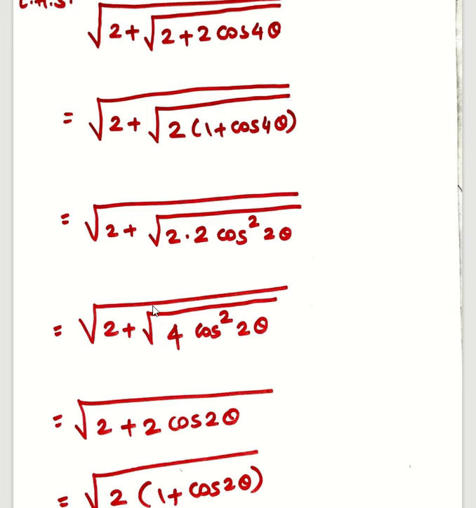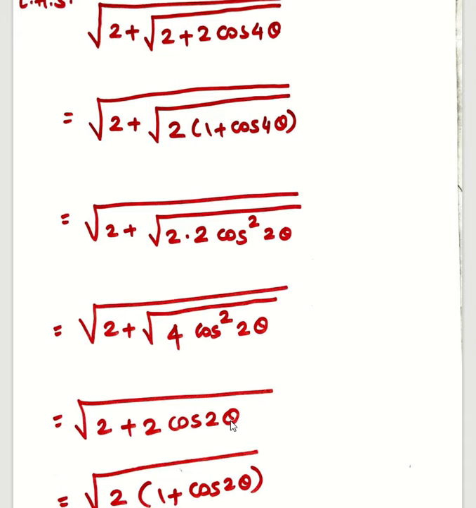Now how to remove this root? What is root 4? 2, and this cos square, so square and root will get cancelled out. So you will get the main root, then this 2 plus as it is, and for this part you will get 2 cos 2θ.